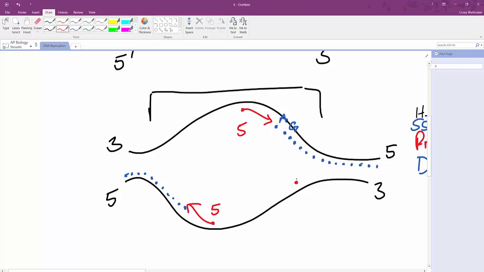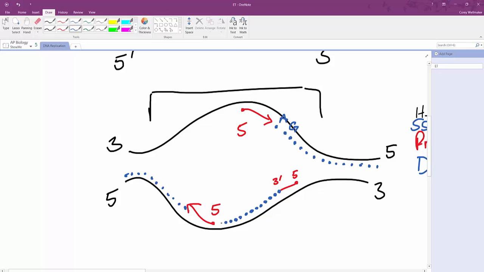So we'll lay down a primer here. That's the 5' end, and we'll go this way. That makes up the 3' end. And now we have enough room for DNA polymerase to come in and start adding nucleotides in the 5' to 3' direction. So this enzyme is called DNA polymerase 3.